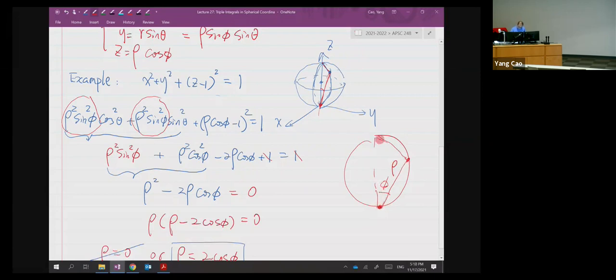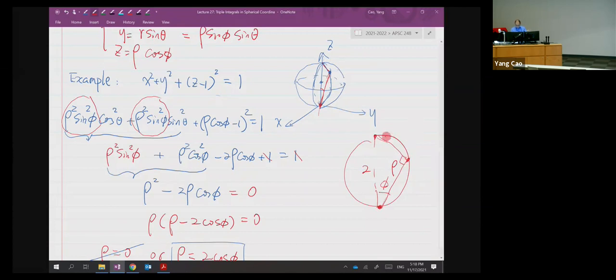Now from here to here, that's the distance, which is the diameter, in this case 2. Of course, the other fact is that this triangle here will be a right triangle. This is a geometrical property.